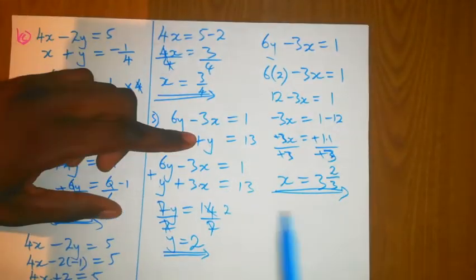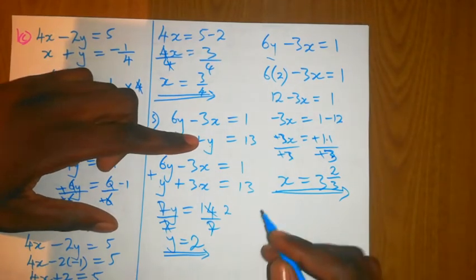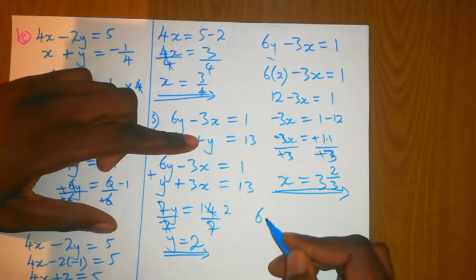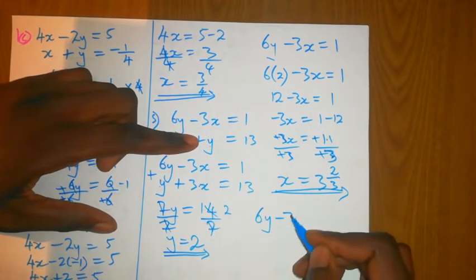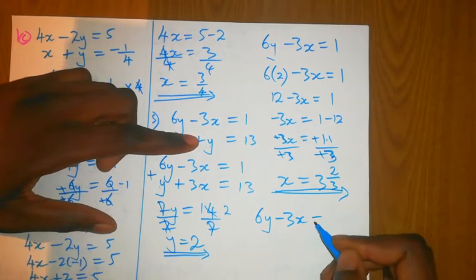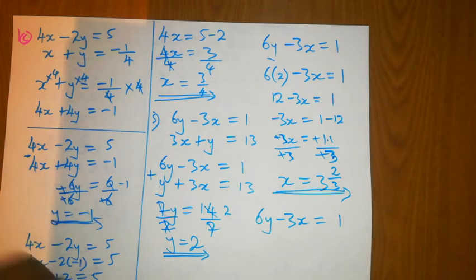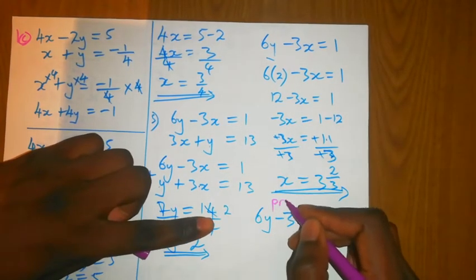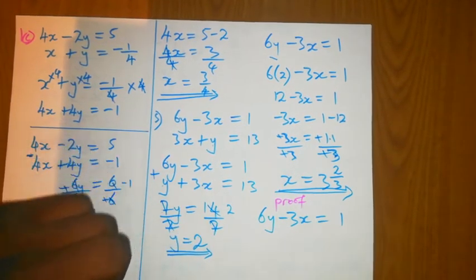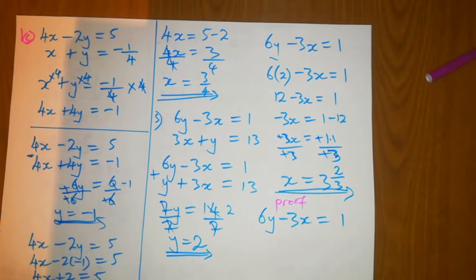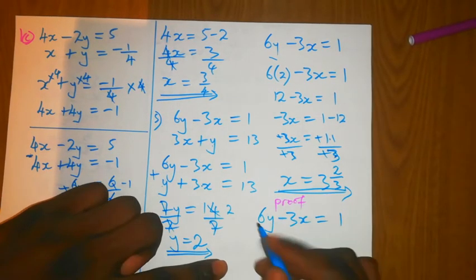I'm going to use any one of the equations. Let me say 6y minus 3x is equal to 1. Here we are proving. This is the proof. We want to prove that both of our answers are correct. So let's try to substitute.